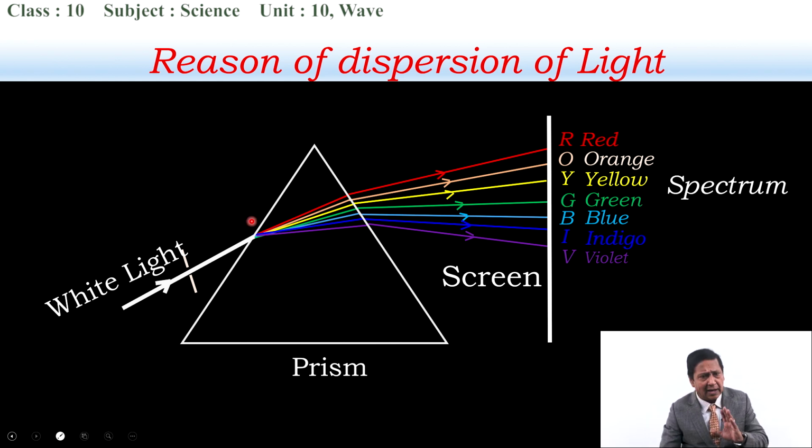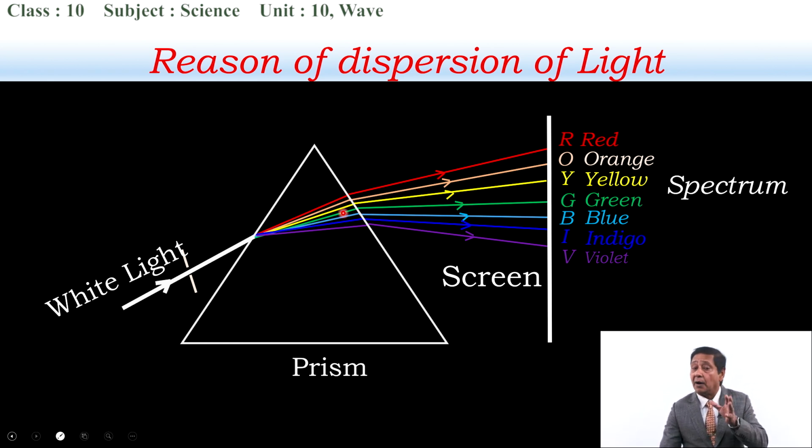But here a little difference is that white light contains 7 different colored lights. When it enters the prism, the glass of the prism, then the amount of decrease of velocity becomes different for the 7 different colored lights. The velocity of one colored light decreases a little, another decreases a lot.